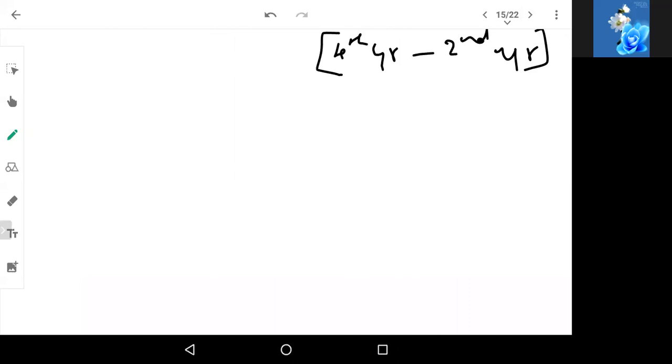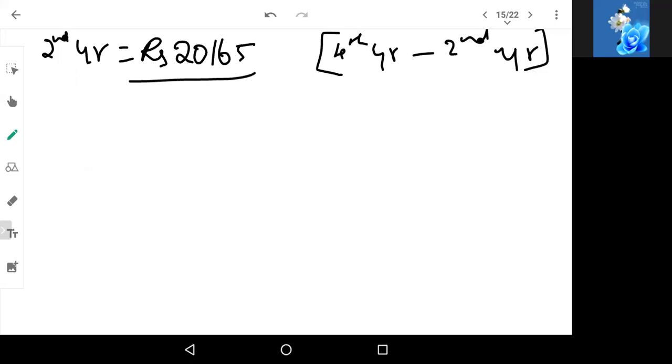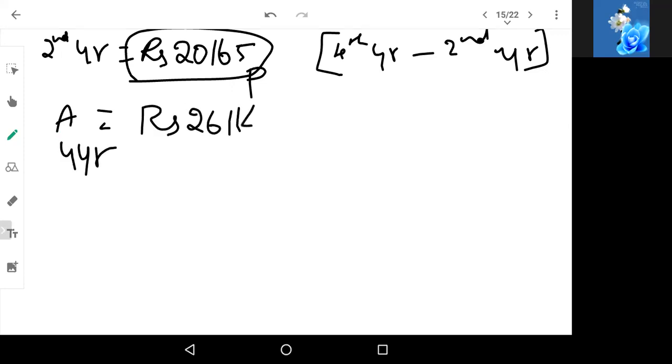Okay. Now, since we know the interest between the fourth year and the second year, now let us use this. What we are doing, we are taking that second year amount, that is 20,165. This we are taking as principal, and with interest, what will be the amount for 4 years? We do not know what is the principal for year 0.